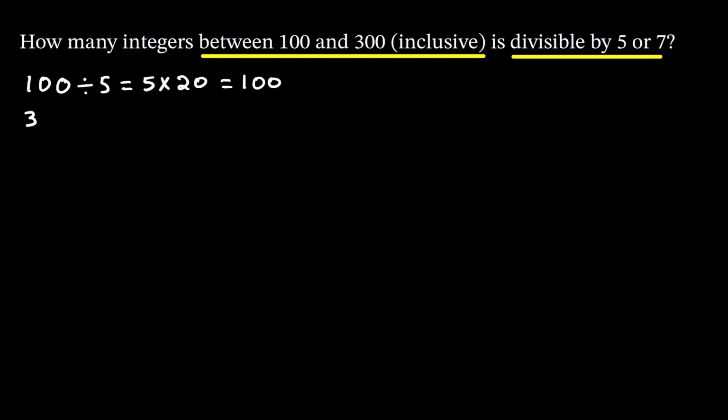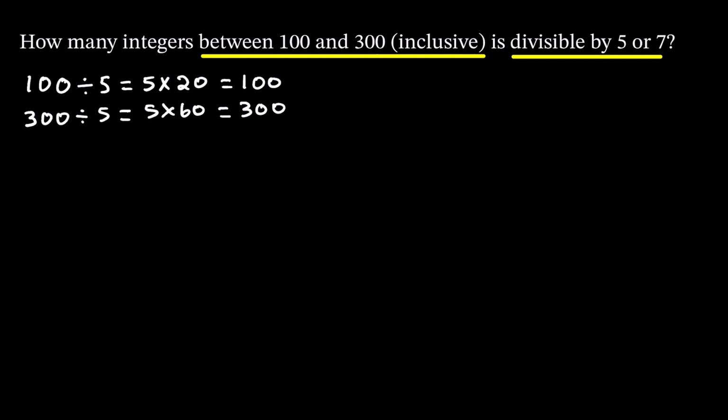That's 300 divided by 5, so that's 5 times 60. As you can see, we have multiples ranging anywhere from 5 times 20 up to 5 times 60. And of course, 5 times 60 is 300.